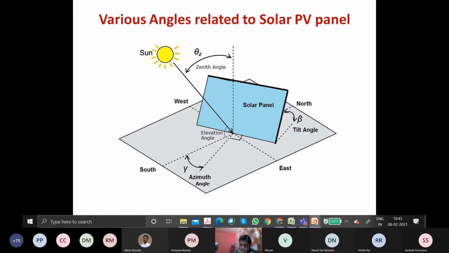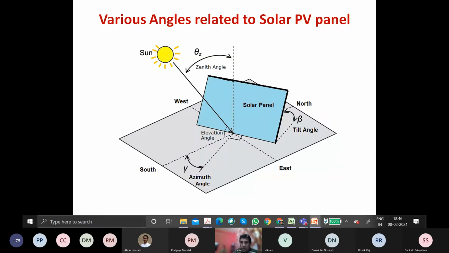If the solar radiance is I at a particular time and location, the solar radiance coming on a place is I cos theta, where theta is the angle of incidence.